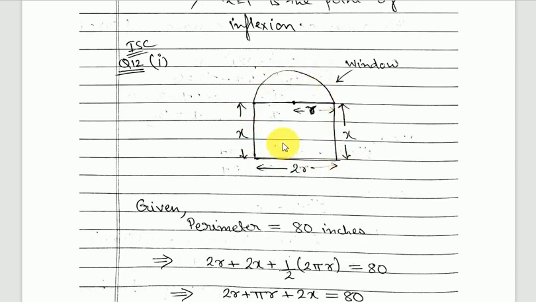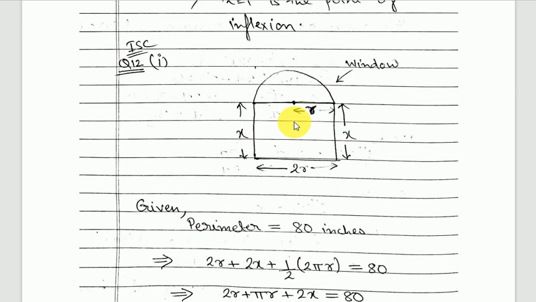So with the given information, we have to frame an expression for the area of this window. But make sure that the expression involves only one variable, and with respect to that we will differentiate the area function.